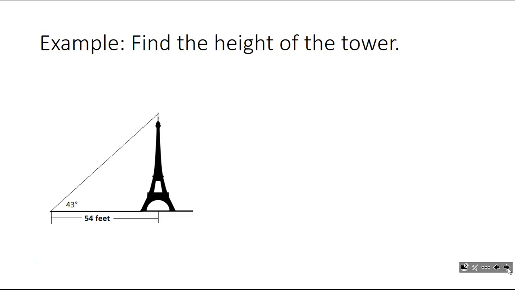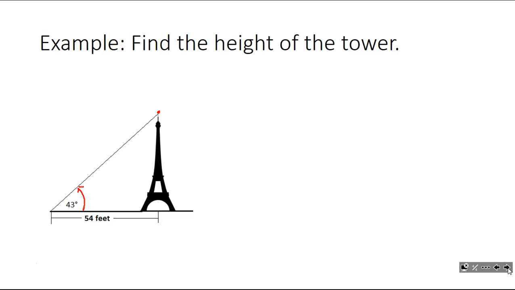And suppose we started out underneath the tower and we paced out a distance of 54 feet. And then we turned and we looked up. We saw that we had to look up 43 degrees to see the very tip top of the tower there. That's called an angle of elevation. If you were standing on a mountaintop and looking down, you would call it instead an angle of depression.